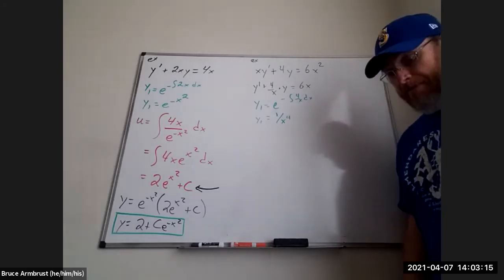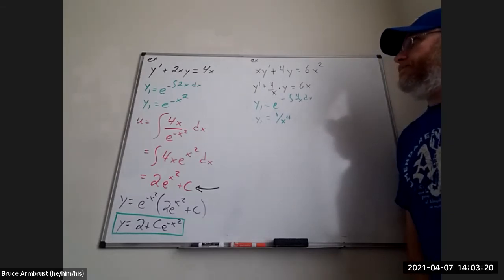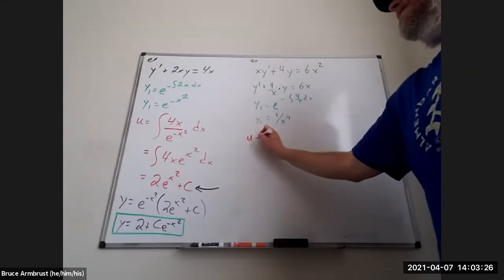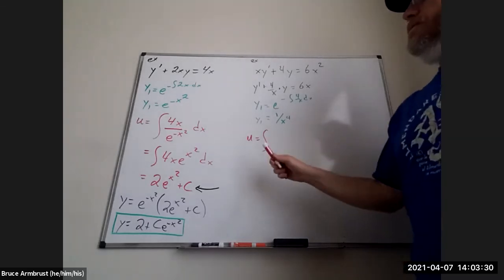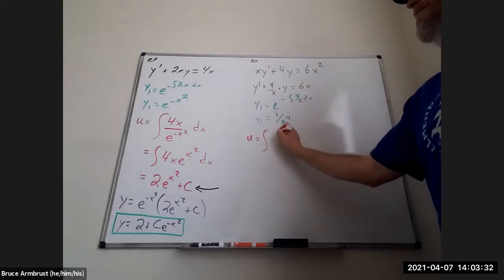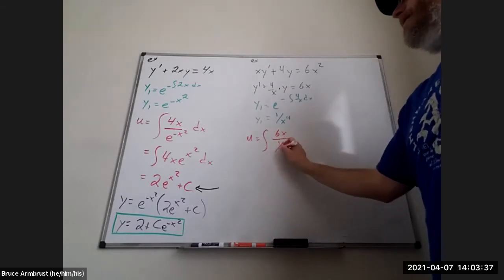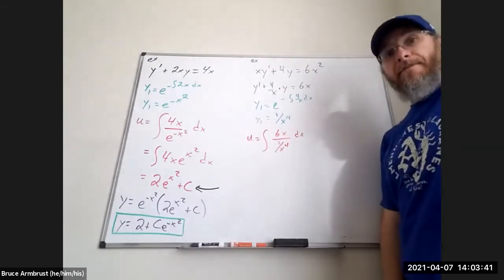All right, so there's our y1. Okay, now what? We'll find u. All right, let's find u. So we're going to get u equals the integral of, so we need to take f of x and put that on top, so 6x. And then we need to divide by y1. We're going to divide by 1 over x to the 4th.